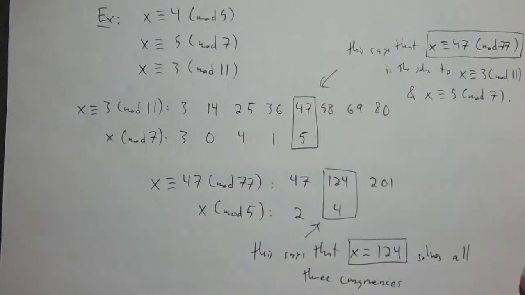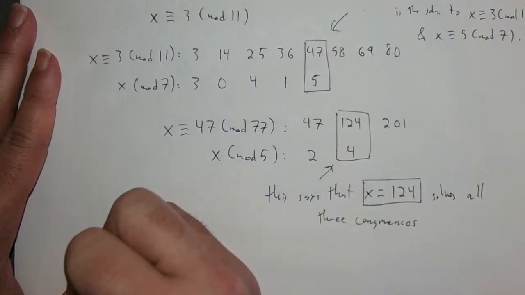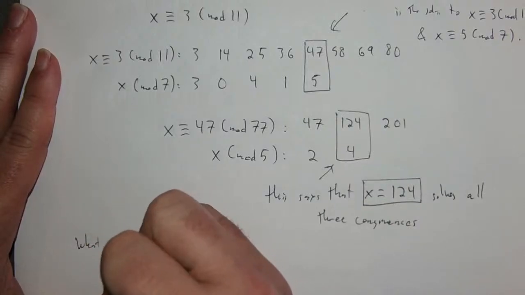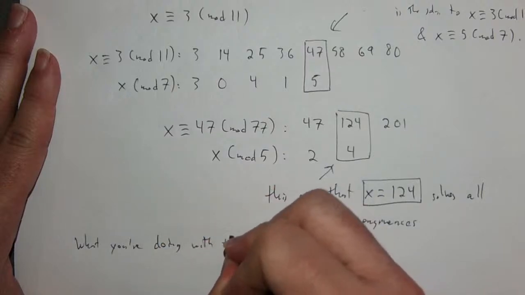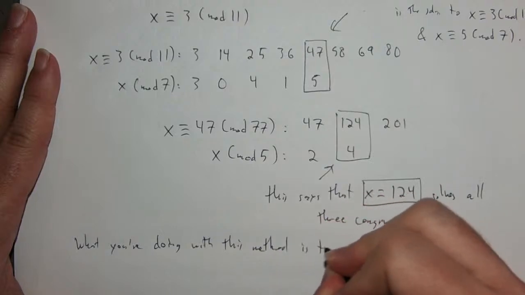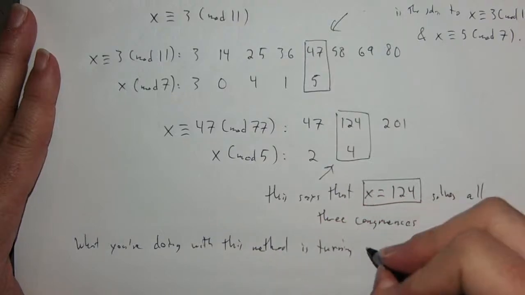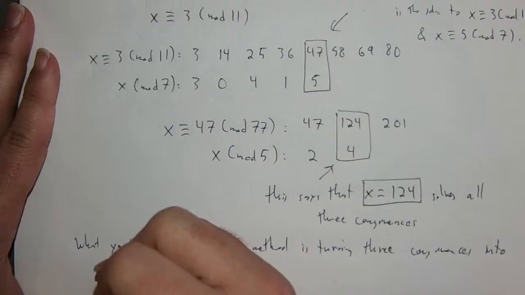So before moving on, I just wanted to point out what you're doing with this method: you are turning 3 congruences into 2 congruences.